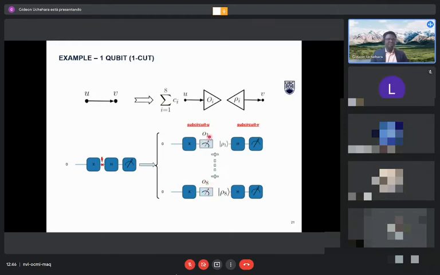So recall that I should have included what O sub 1 through O sub 8 are.